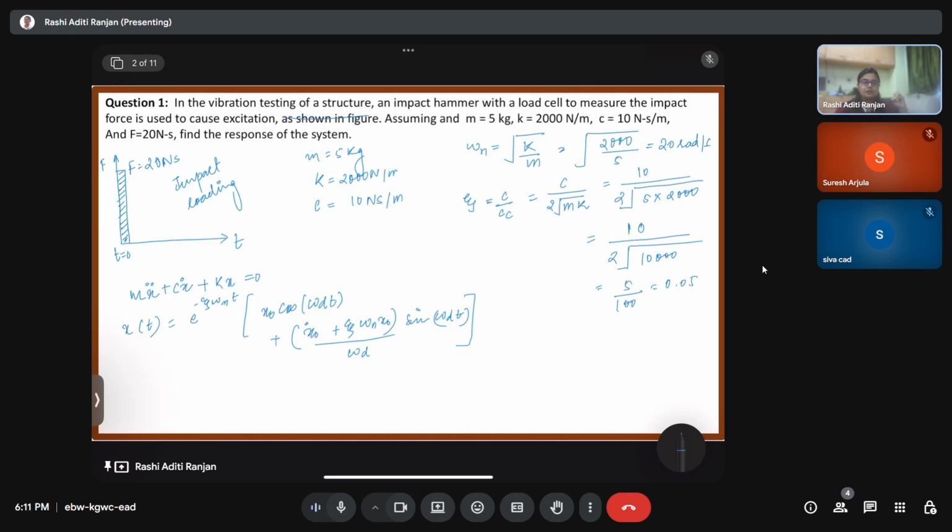This is our eta, the damping ratio. And the last thing we have to find out is omega d, which is the damped natural frequency.